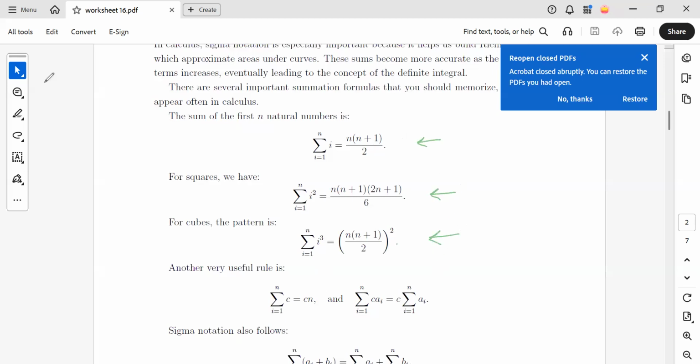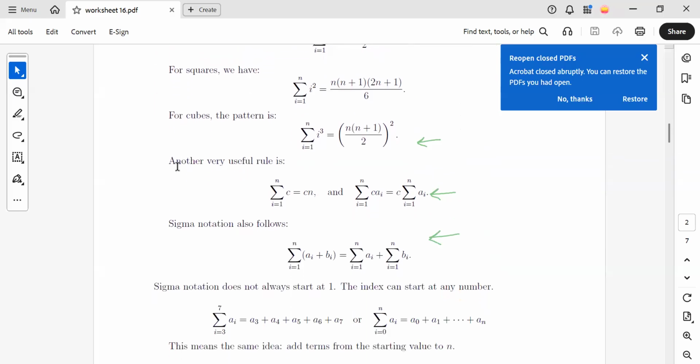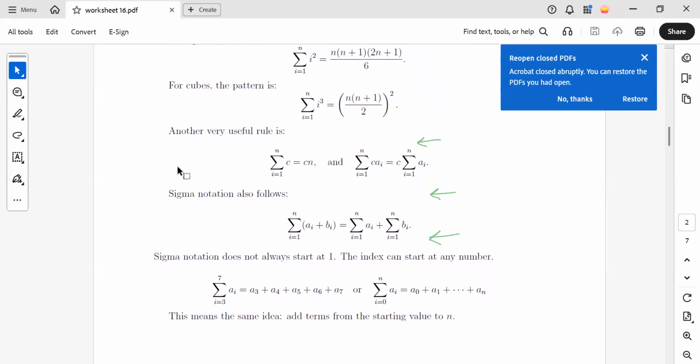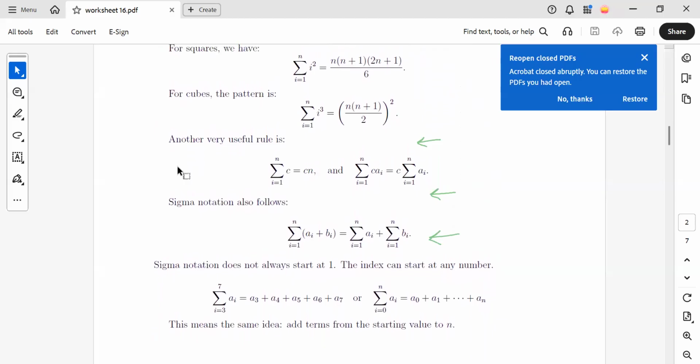And as some common properties for sigma, we would see that when we have sum or sigma of c, which is a constant here, when i changes from 1 to n, it is the same as multiplying c and n.